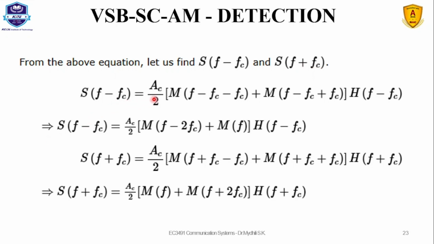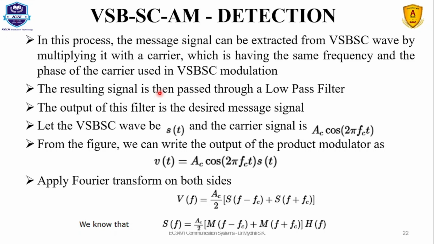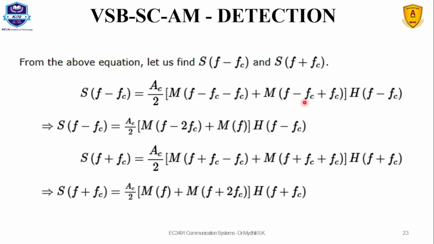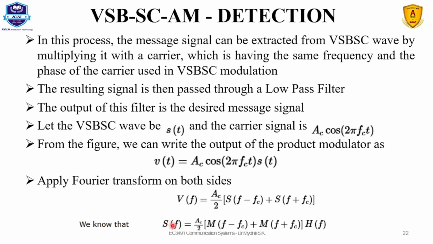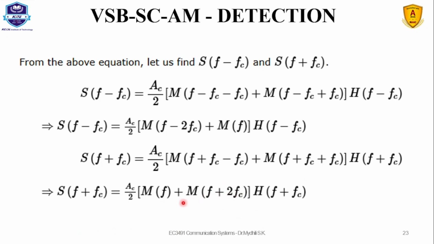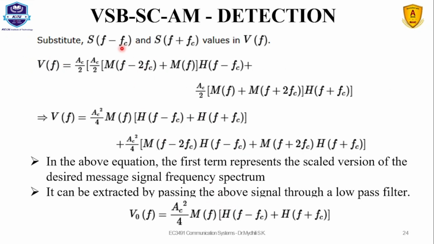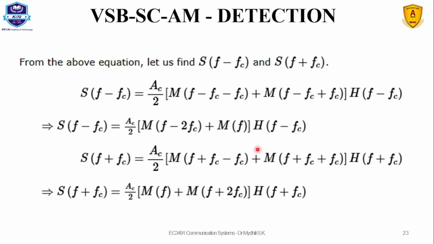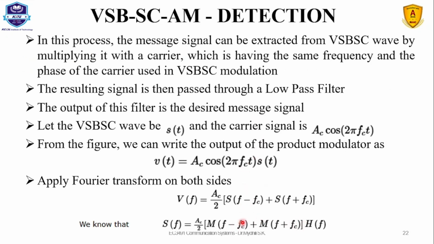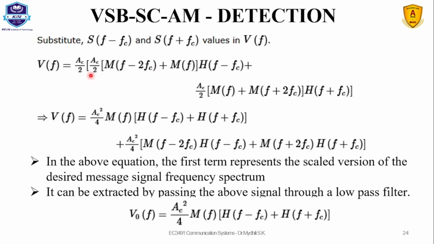Since the signal is given in terms of S of f, for S of f minus fc we substitute f minus fc for f, and similarly for S of f plus fc we substitute f plus fc for f. On solving, we will be getting terms in f minus 2fc and f plus 2fc. Substituting S of f plus fc and S of f minus fc in V of f, we get terms in M of f minus fc and M of f plus fc, and substituting these two equations we get the equation for V of f.